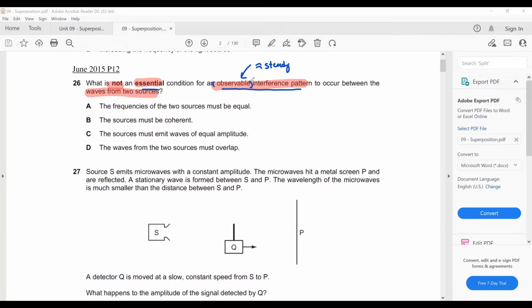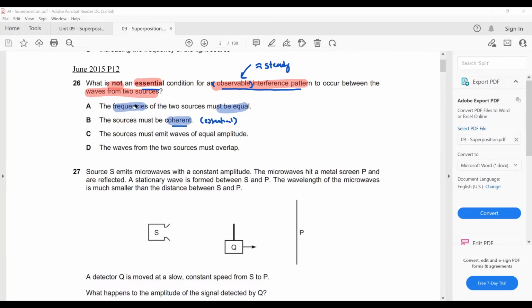One of the conditions I mentioned just now was that the waves must be coherent. So here they tell you sources must be coherent. This one I know must be essential. Also, I mentioned to you, coherent already implies frequencies of the sources must be equal. So these two are actually the same. Answer choice A and B are actually talking about the same thing. Sources must be coherent, that one I explained.